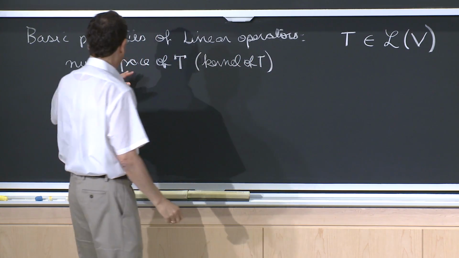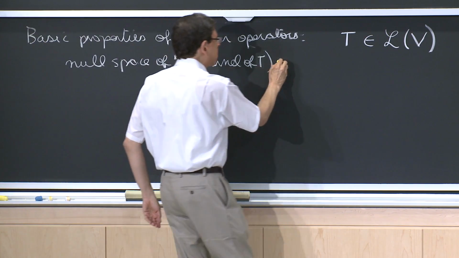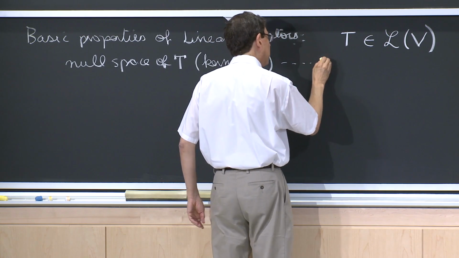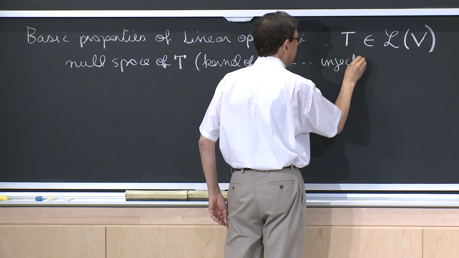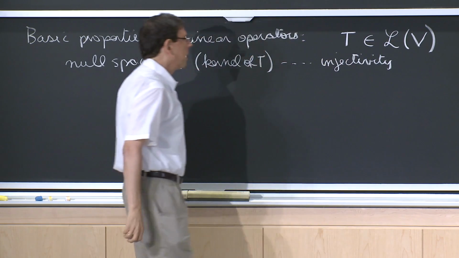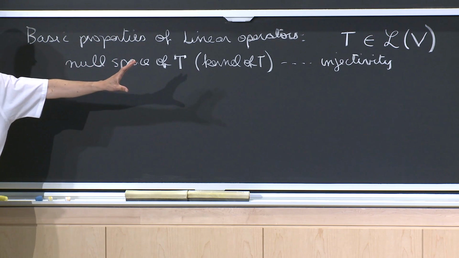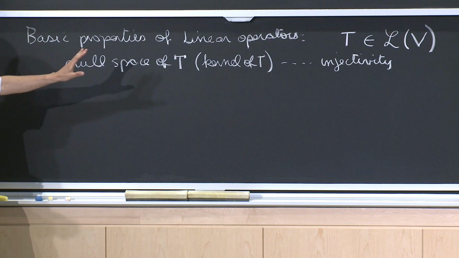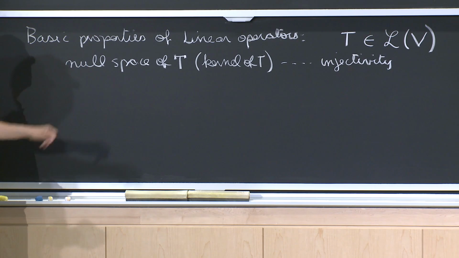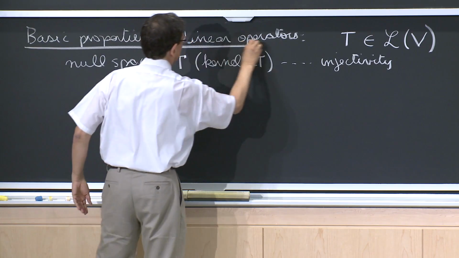And this object is related to what is sometimes called injectivity. It's a property that characterizes this thing called the null space. We're going to explain all these terms. I'm just mentioning the basic things we want to talk about.